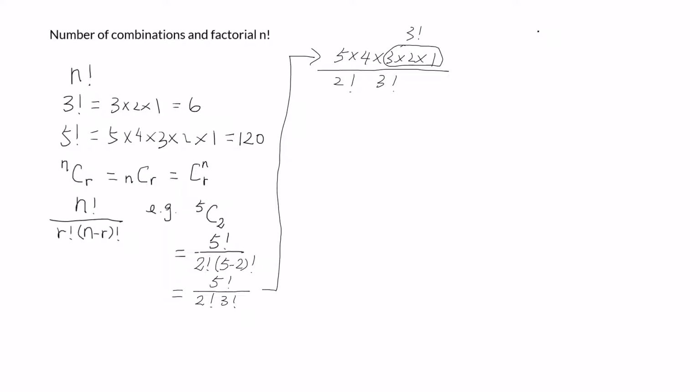Therefore, 5 factorial can be written as 5 times 4 times 3 factorial. And then over 2 factorial times 3 factorial, these two cancel each other. Then we have 5 times 4, and 2 factorial means 2 times 1, which is 2. Therefore, 10.